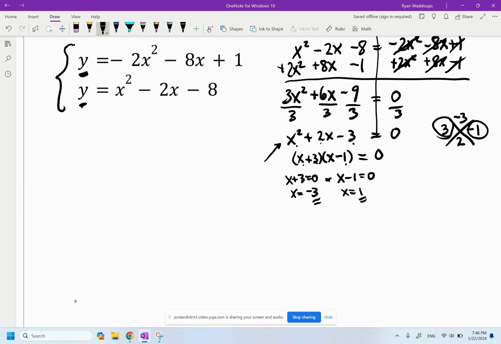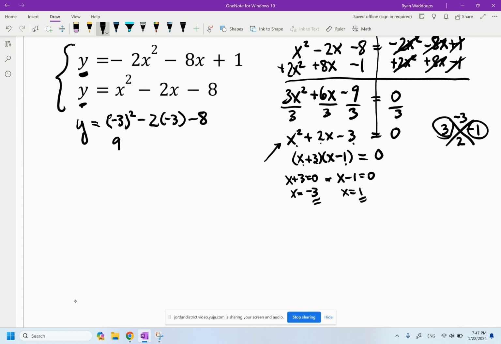So I'm going to put up here y. I could use either one of these equations. They should work for both of them. y equals negative 3 squared, that's my x squared, minus 2 times negative 3, and then minus 8. You can just plug that into your calculator, and that's fine, but I'm going to work through it. Negative 3 squared is positive 9.